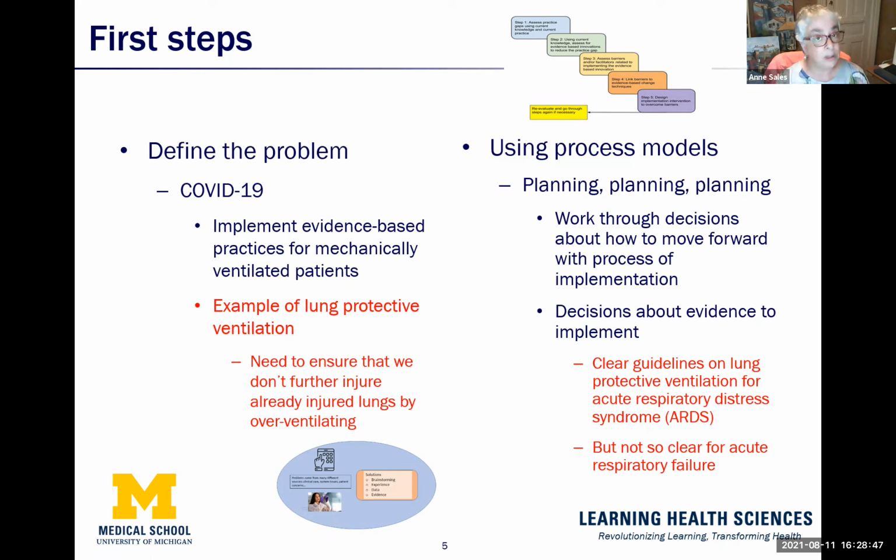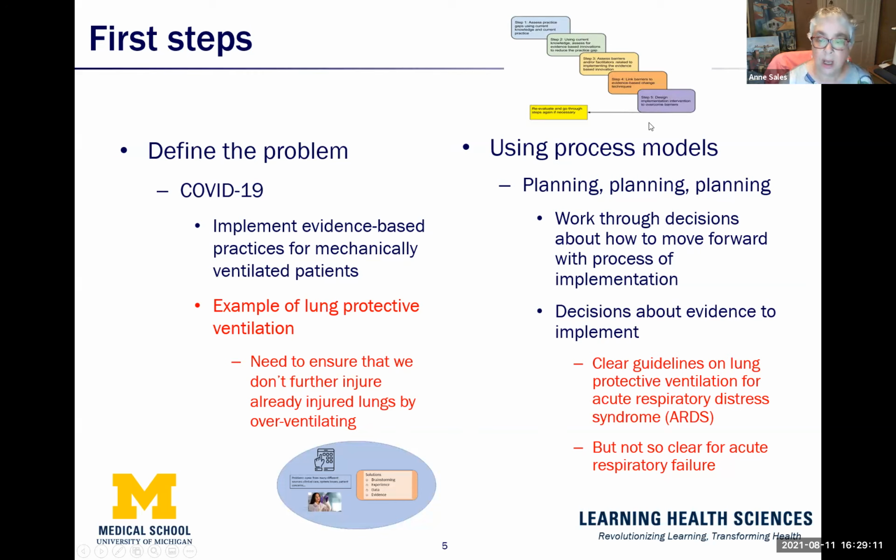We may not know what the patient's ideal body weight is, which is essential to know in order to calculate the lung protective ventilation volume that's appropriate, or the volume just doesn't get set appropriately in the first place, for reasons that aren't always easy to identify. So the problem is patients are started on mechanical ventilation that is not lung protective, and therefore there's a potential for injury.